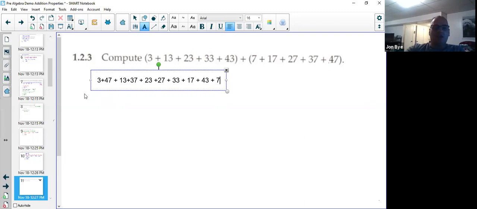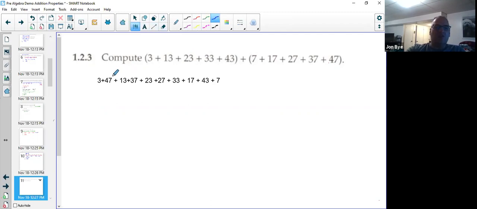And so in this case, as we see what happens here, we're going to group all these, and when we group these, they all group to 50, right? So how many 50s do we get? We got a 50 here and another 50, and then another 50 over here.